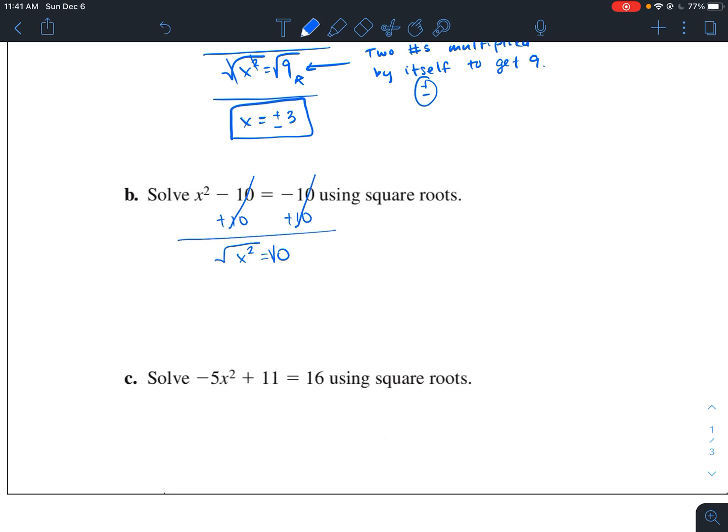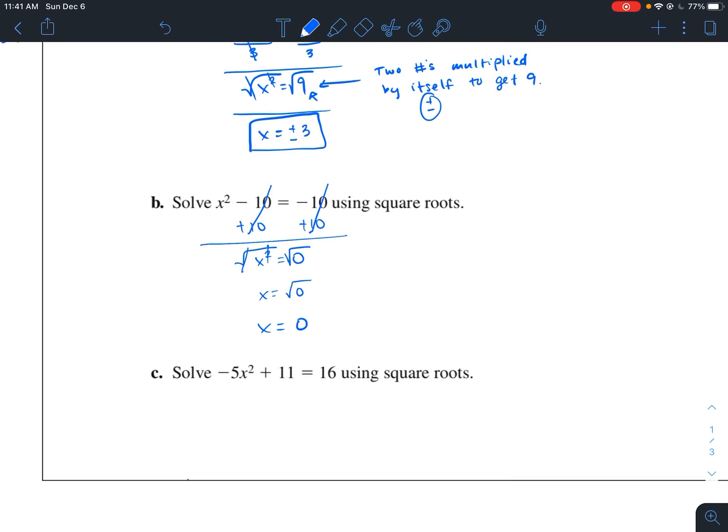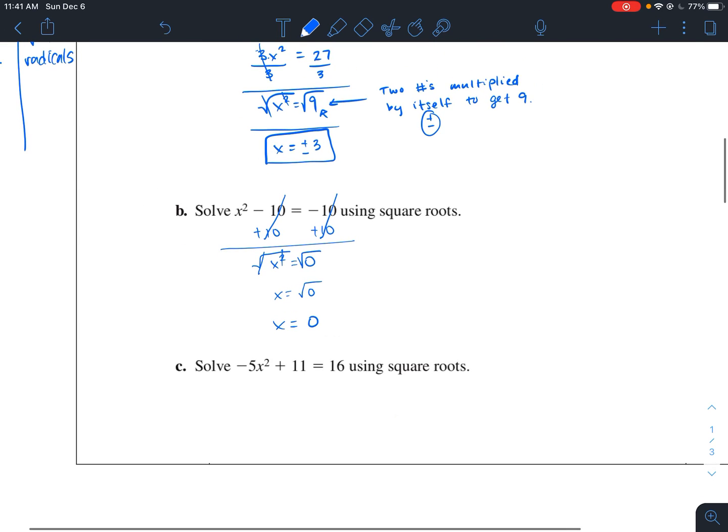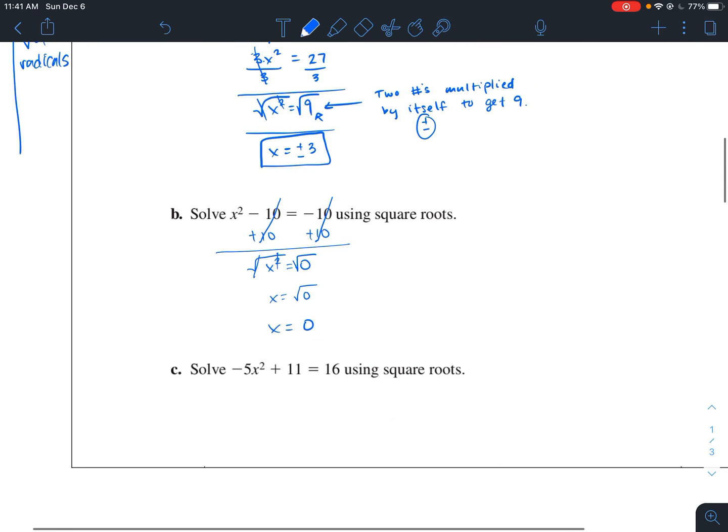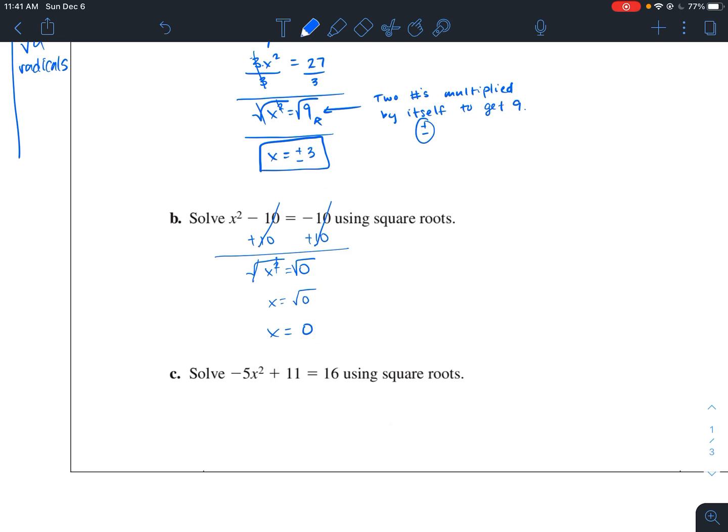So I take the square root of both sides. The radical and the exponent cancel, so I get x is equal to the square root of 0, and the square root of 0 is just 0. Okay, so here I just have this one answer, so x is equal to 0.